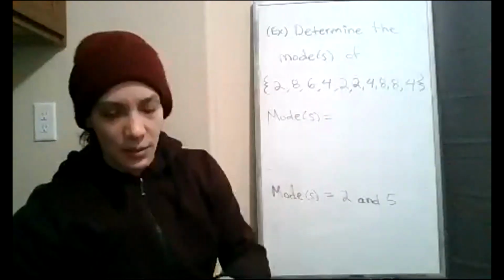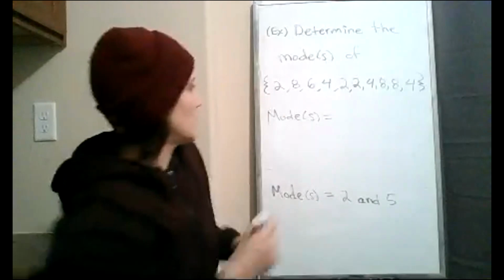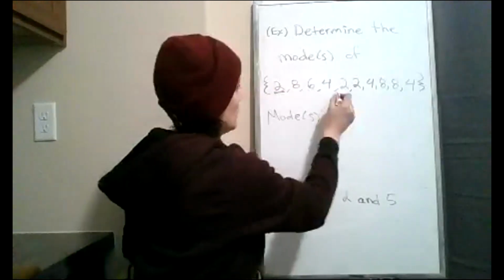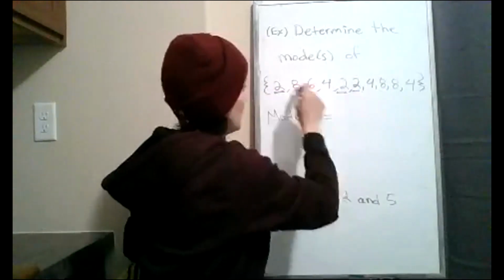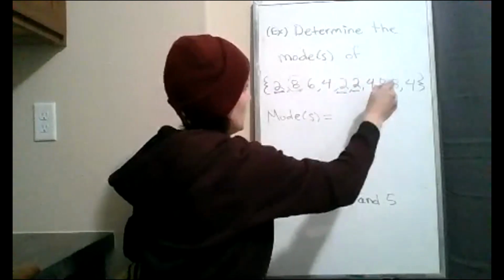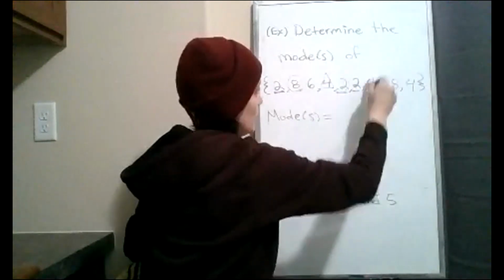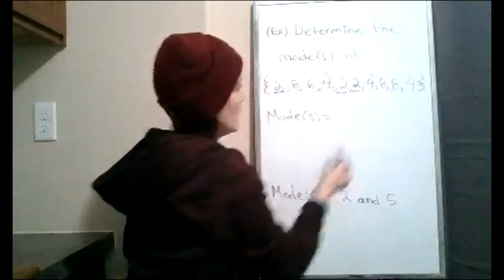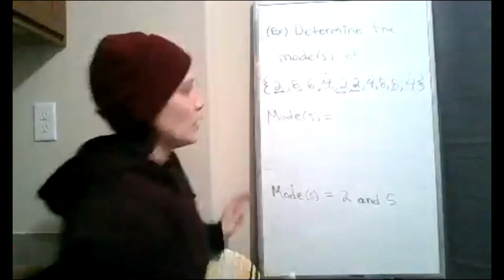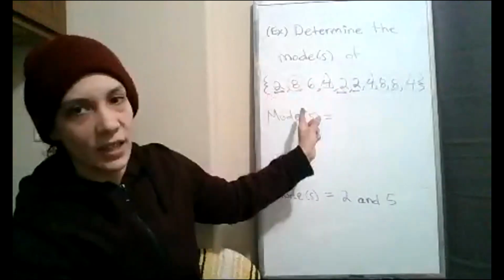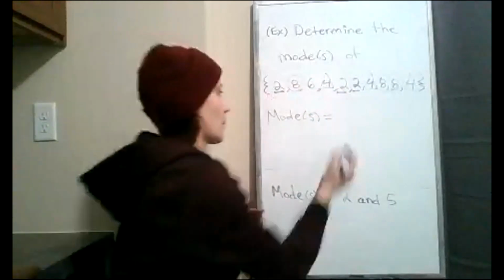So let's do some color. 2 occurs 1, 2, 3 times. 8 is 1, 2, 3 times. 4 happens 1, 2, 3 times. So 2, 4, and 8 are modes.